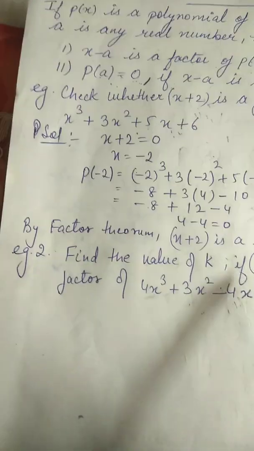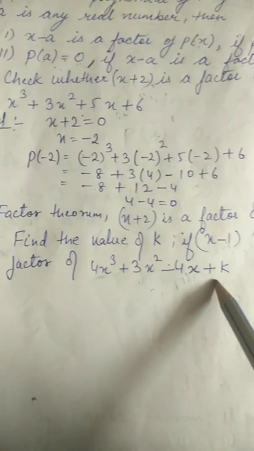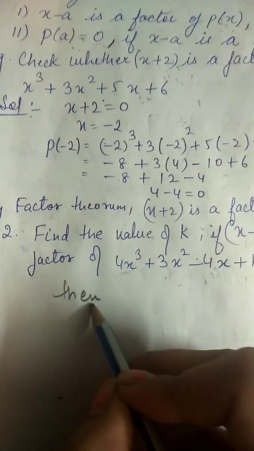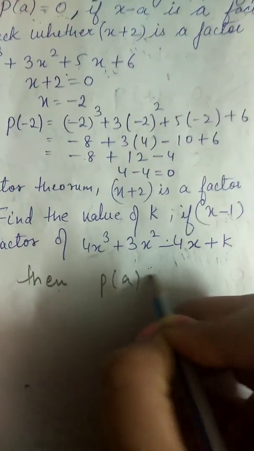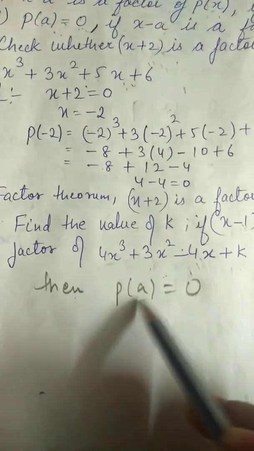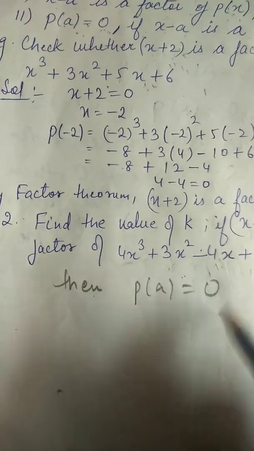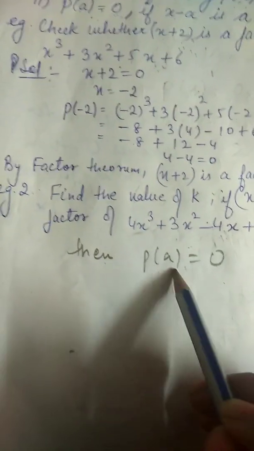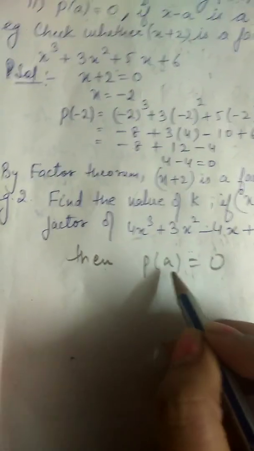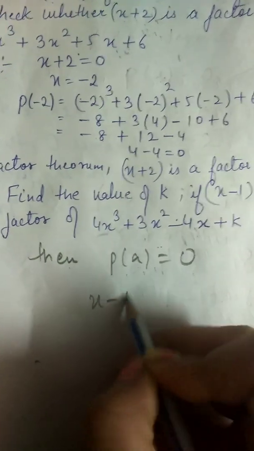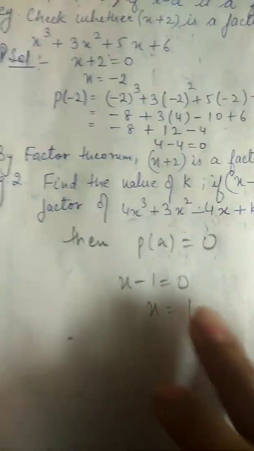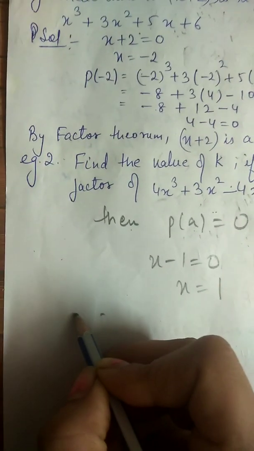So here x minus a is a factor of this polynomial, then P of a is equal to 0. So we can apply this formula using factor theorem. What will we do? By factor theorem, P of a should be 0. Now first find a. So x minus a is equal to 0. Therefore x becomes 1.